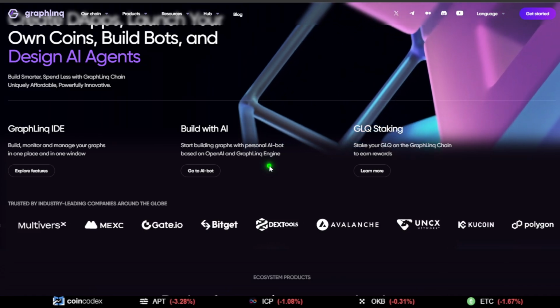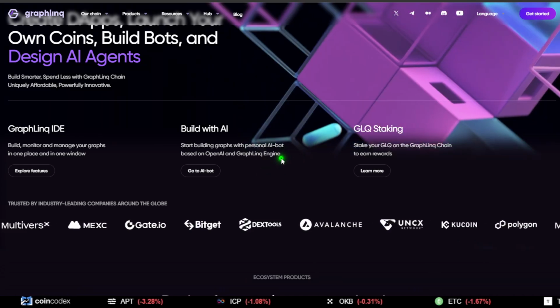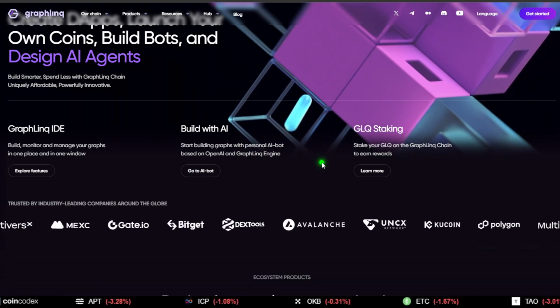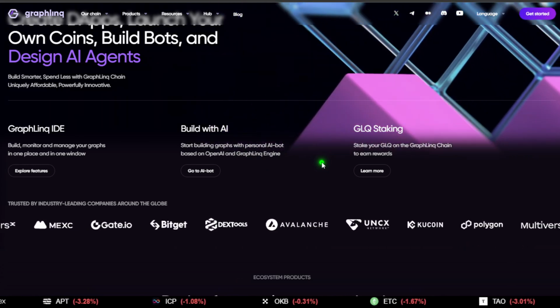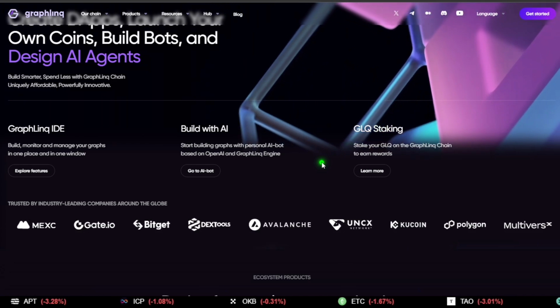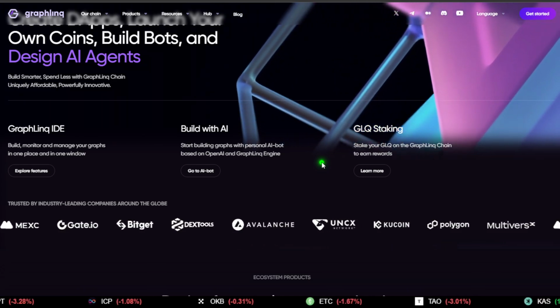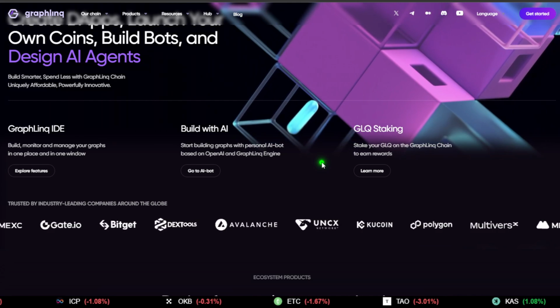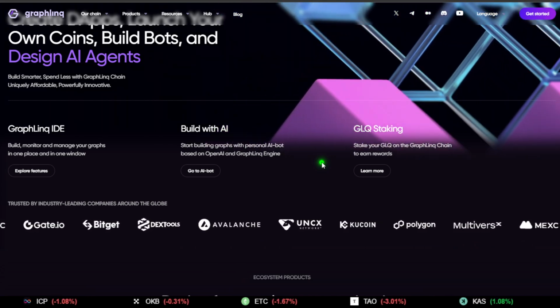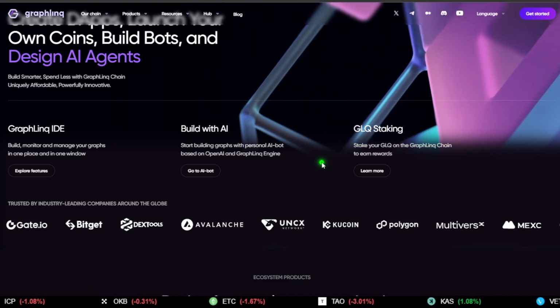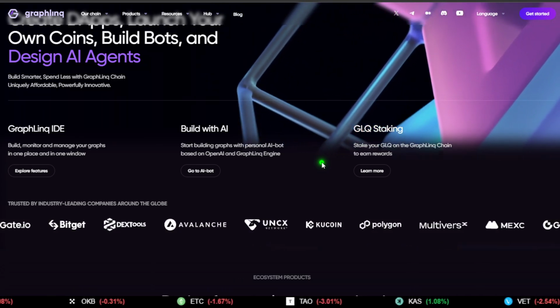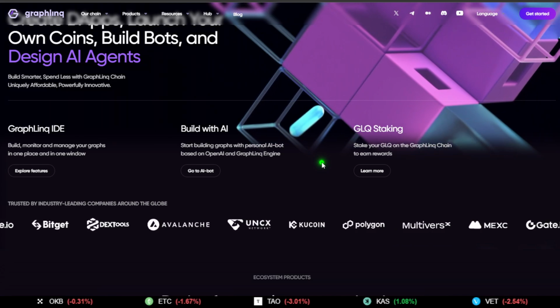So the couple things here, let's just pick on some of these points. First of all, they have their own lingo. Their own lingo for me is a bit of a problem. Like, what are graphs? And education comes to mind here, because really what you're trying to do is create your own language or your own vocabulary that is specific to your project, and that requires that you educate people.